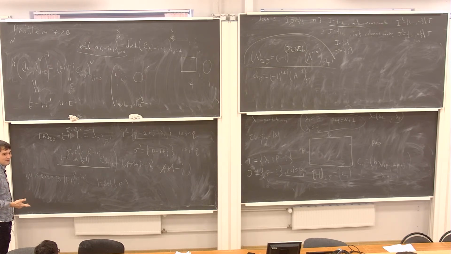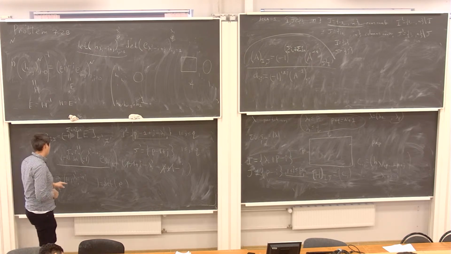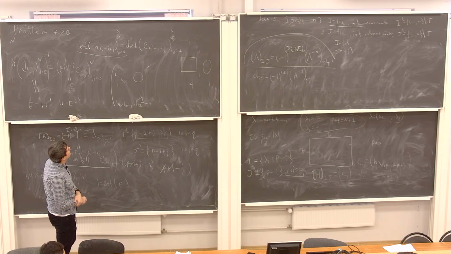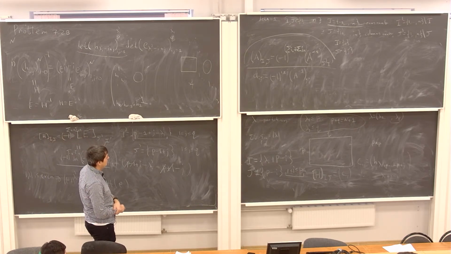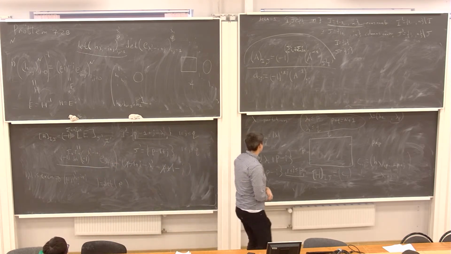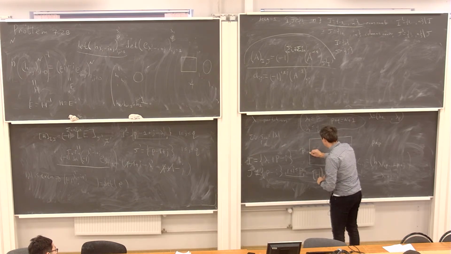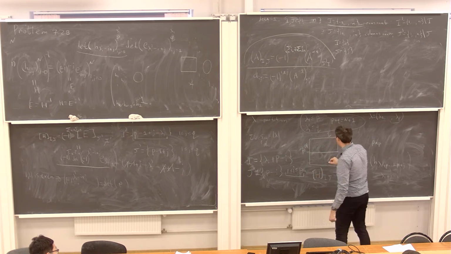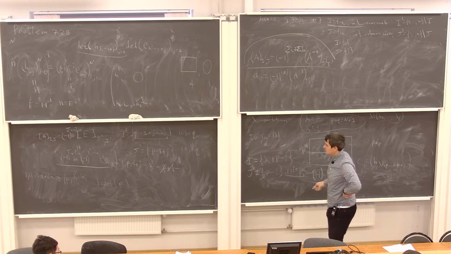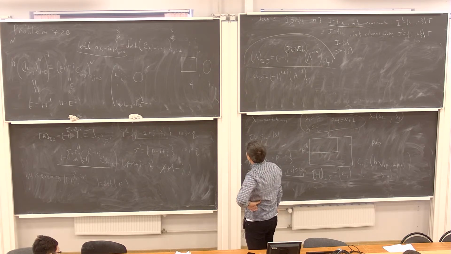I mean, it's true if you're okay with it. So, if lambda is even, you could consider a concrete rectangle, this times this. Here we have lambda, and here we do not know anything about the number of rows or columns.